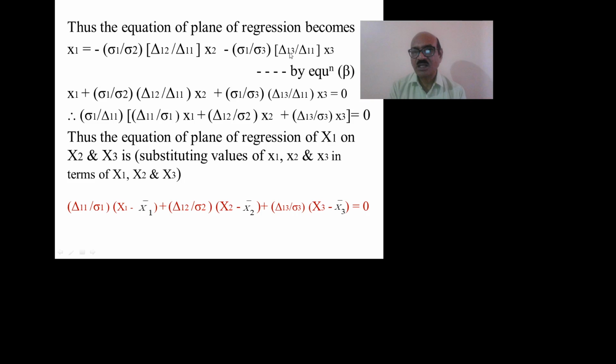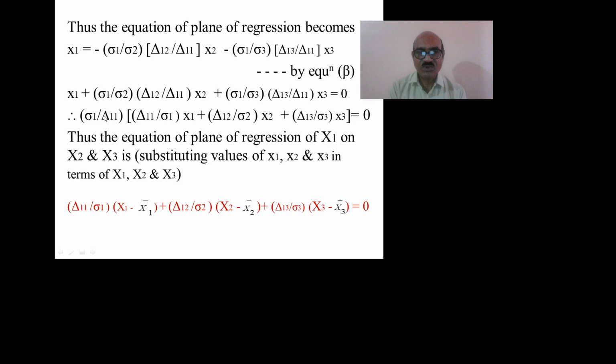I'll take all these terms to the left hand side, so this will be plus, plus, plus, and that will be equal to 0. Now from all these expressions I'll take sigma 1 upon delta 11 common. Here those terms are not there, so just the reverse way we multiply, therefore delta 11 upon sigma 1 into x1 is the first expression.